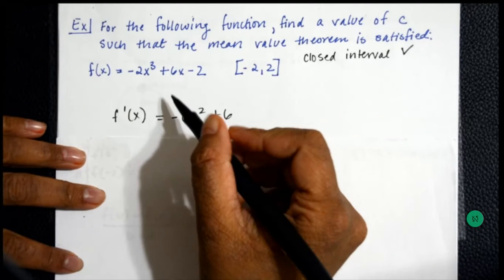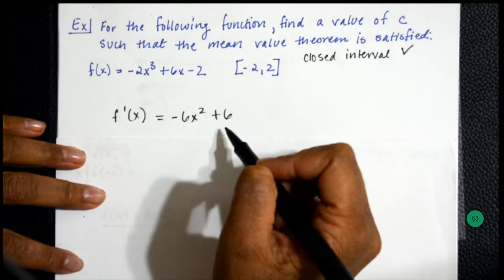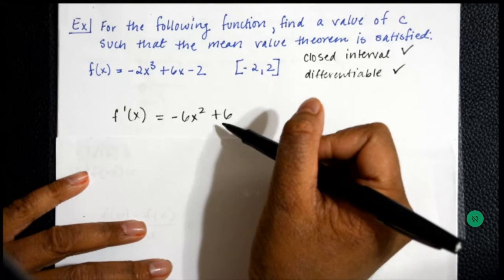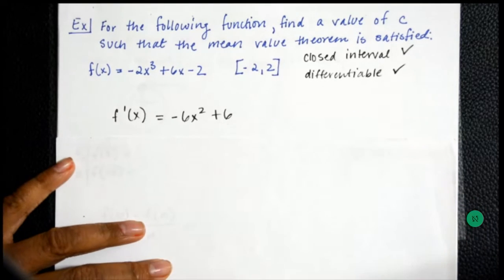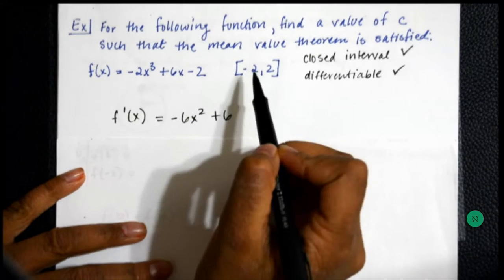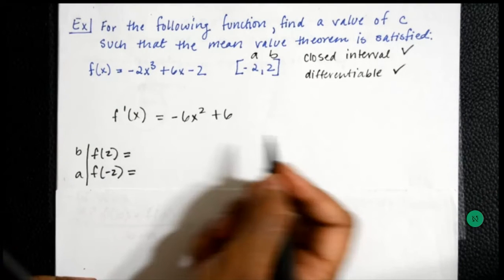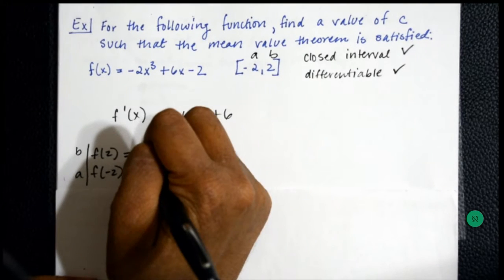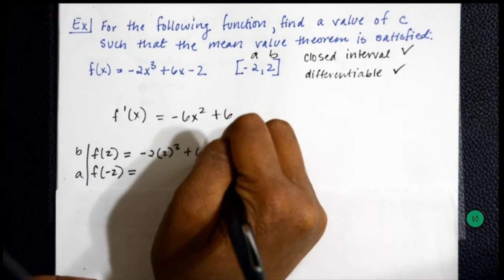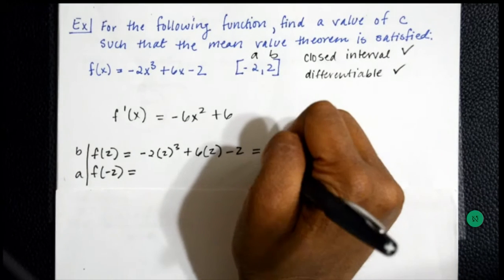Using the power rule, we find that the derivative of f of x is equal to negative 6x squared plus 6. So we know that the function is differentiable because the domain of the derivative is negative infinity to infinity. Next, we're going to solve for the two endpoint values. f of 2 is equal to, I'm just going to plug it into the function, negative 6.